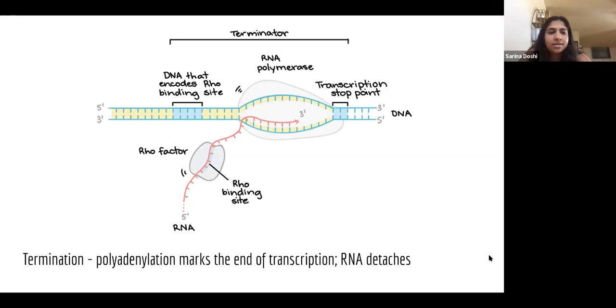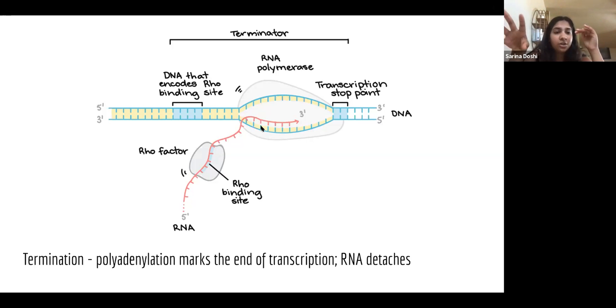So rho is a factor, like a transcription factor, but it does the opposite. And what it does is it'll bind to the RNA strand, and that lets the RNA know that it's time to detach. So what will happen is you will be transcribing for a really long time. And then if it's in a eukaryote, there will be a sort of signal, just like the Tata box, but at the end.